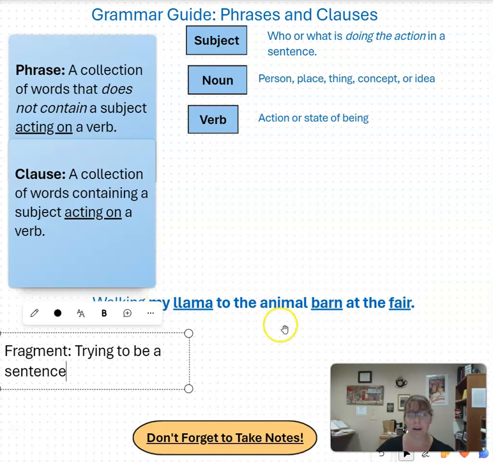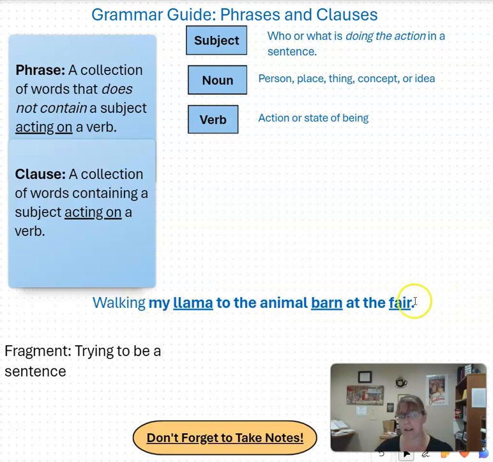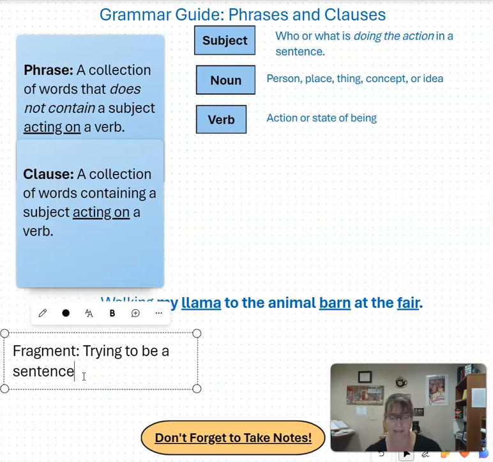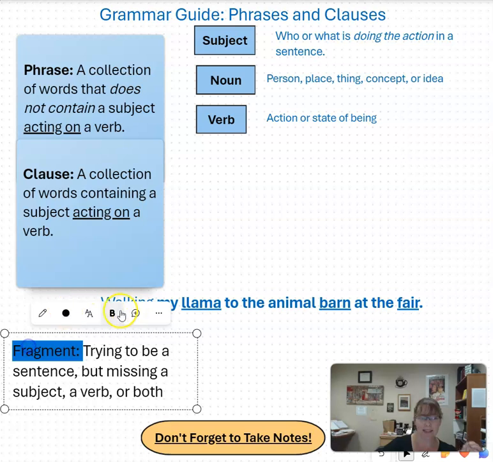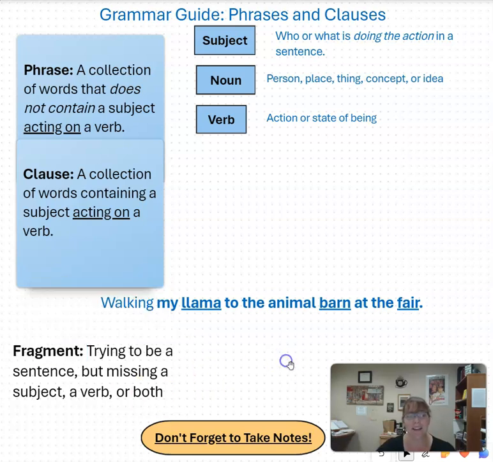Okay, it's sitting out here. It's got a period at the end of it. It looks like it's got a whole construction, but it is missing a subject, a verb, or both a subject and a verb.